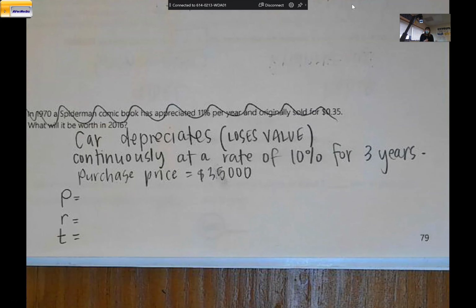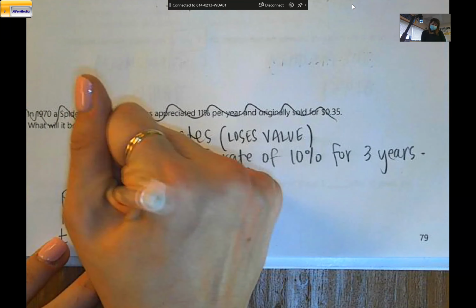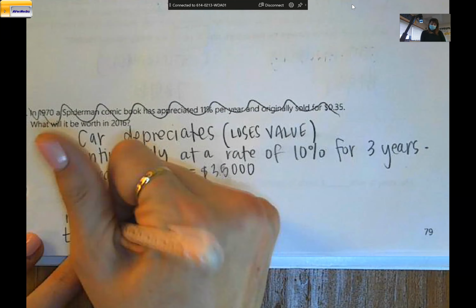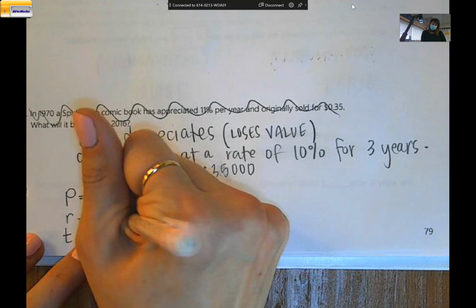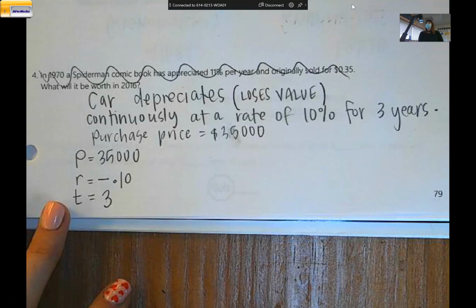P is 35,000. R is negative 0.10 and T is 3.